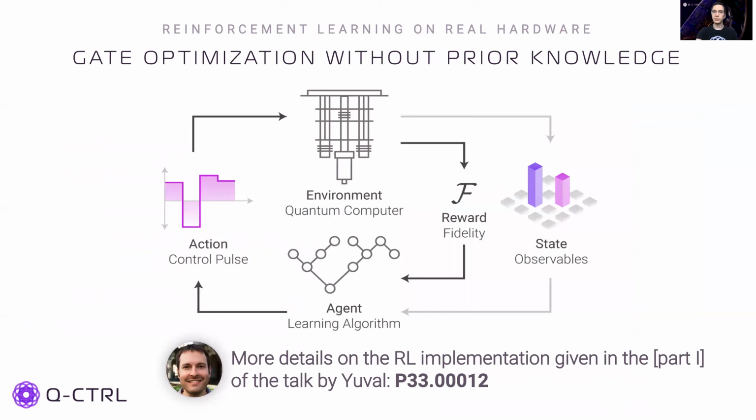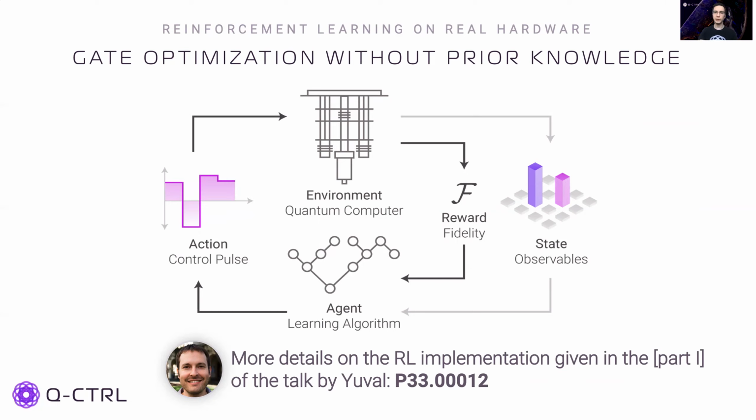Reinforcement learning can tackle all these challenges by learning an optimal pulse through direct interaction with the device itself. In particular, in our implementation of the reinforcement learning algorithm, the agent builds a full pulse in steps, checking at each step what is the state and the reward obtained with the partial pulse constructed until then.